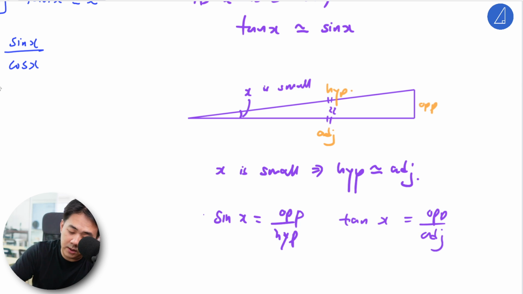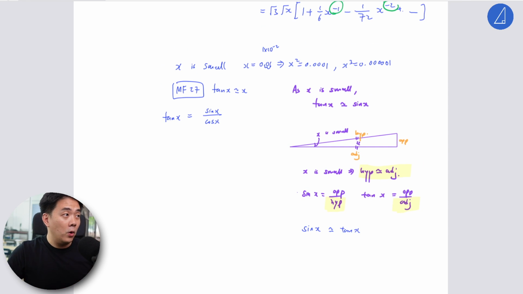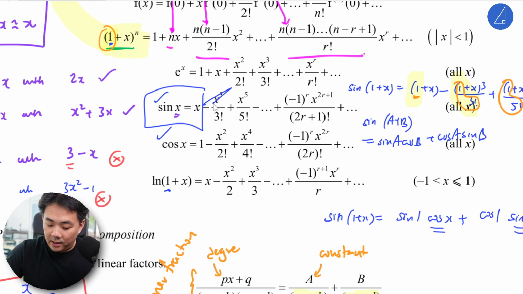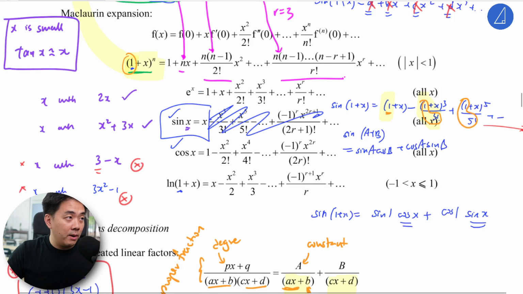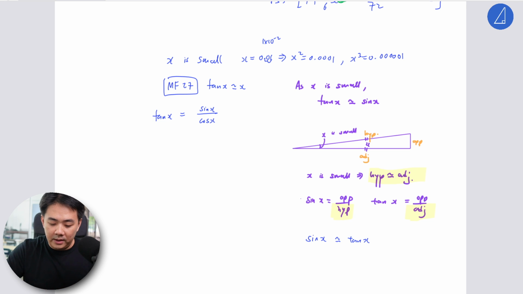But because the hypotenuse and adjacent are roughly equal, you can just write sine x is roughly equal to tangent x. So when x is small, you can just take tangent x as this, and ignore this side. So there's one way to remember it. But in any case, you can also derive it in the exam.